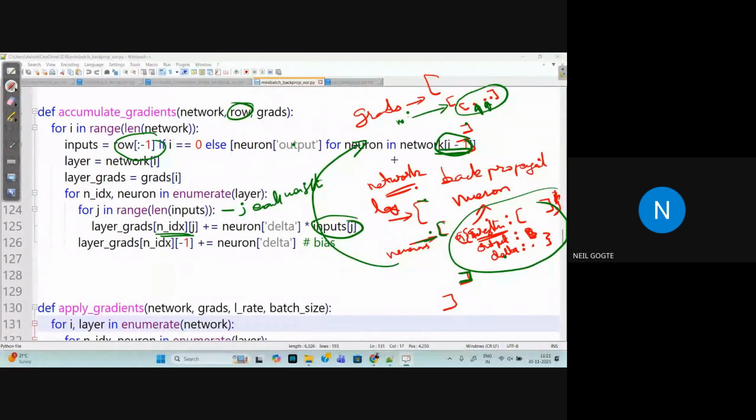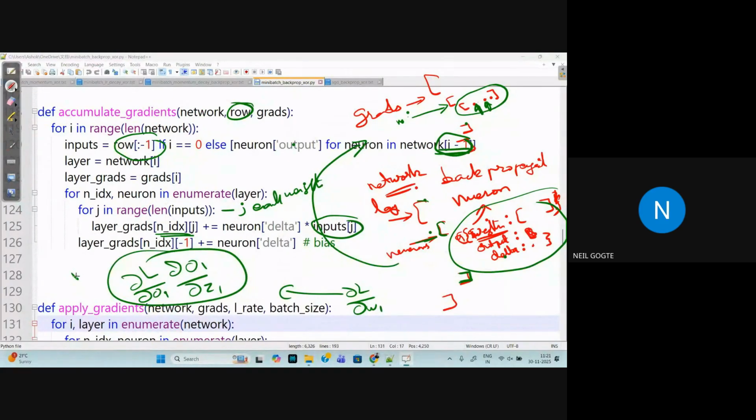Remember, this is because of the equation: I need to compute dou L by dou W1, which is dou L by dou O1 times dou O1 by dou Z1. This is captured in the delta. And then I have dou Z1 by dou W1.